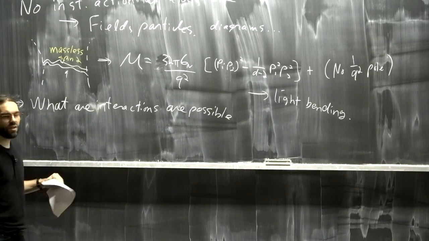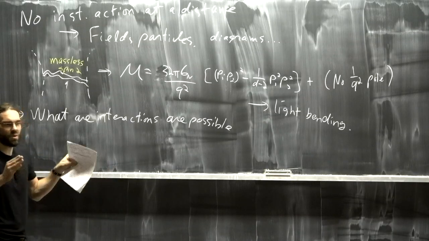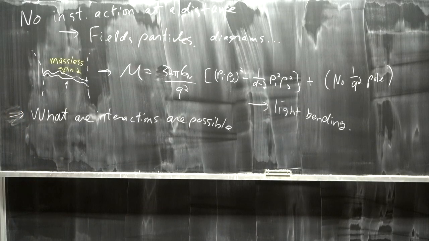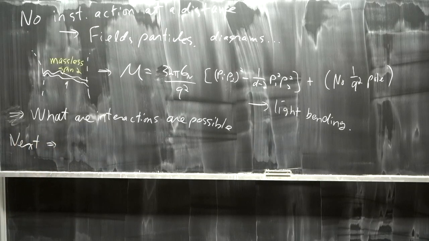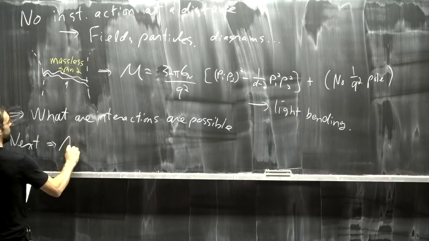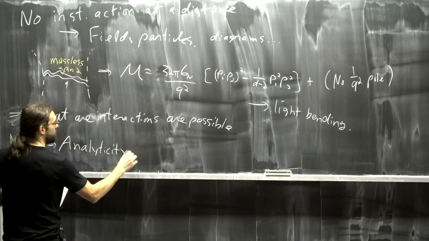But as far as I know, there's no clear written summary you can find, so it has value that I go through it in this forum. And the next thing we will do, probably next time, is go into analyticity and dispersion relations.